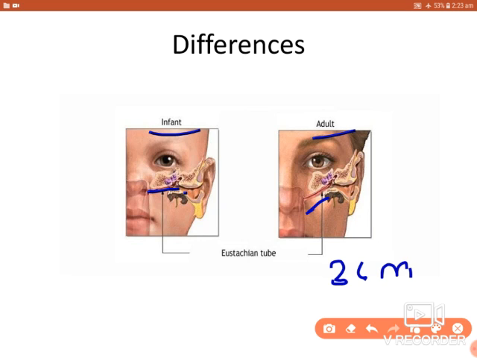In children it is only 18 millimeters, and it is wider and more horizontal. That is the reason why ear infections are more common in children, as the auditory tube acts as a channel of infection from the nasopharynx to the middle ear.